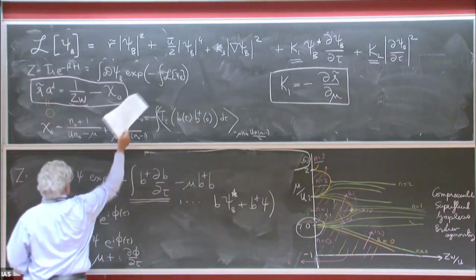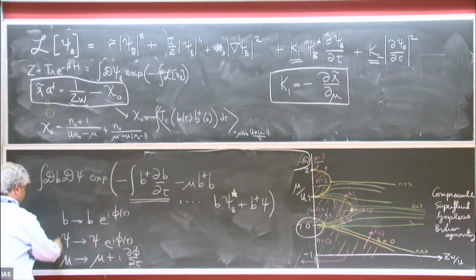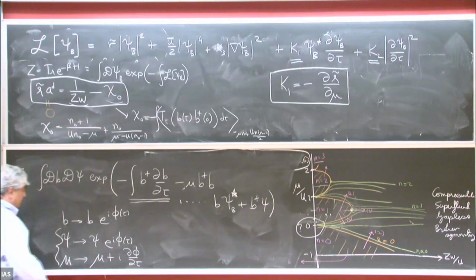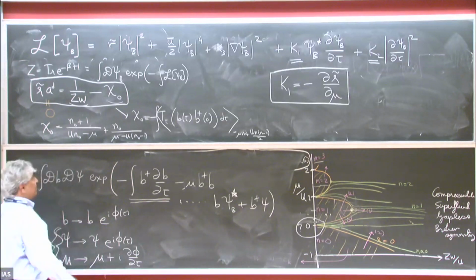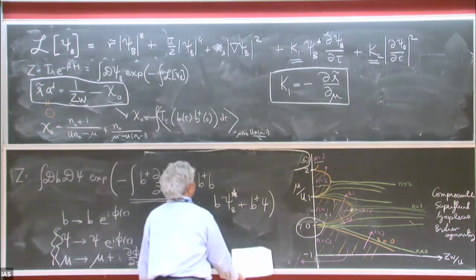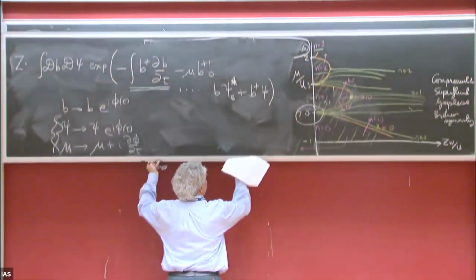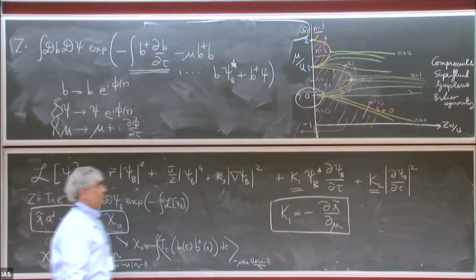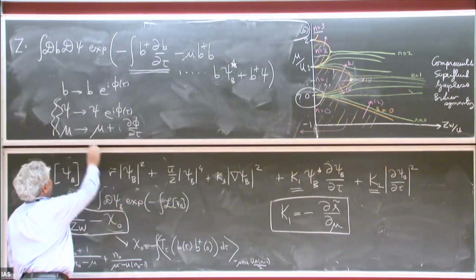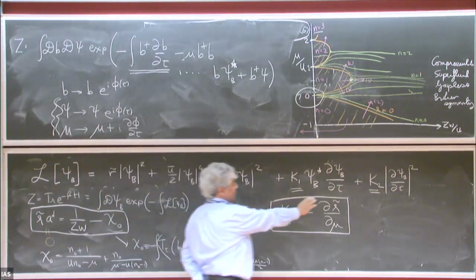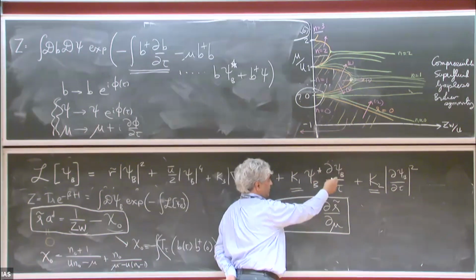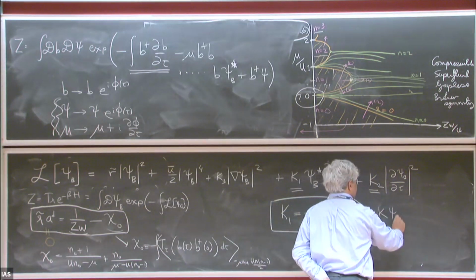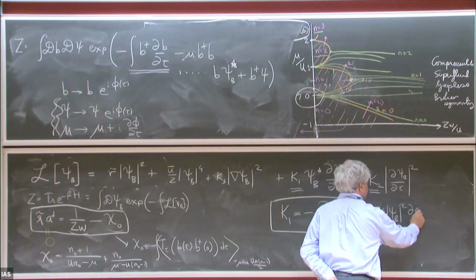And for that Lagrangian over there, I can forget about B. I only have to look at this invariance and only look at it to second order. So if I perform this transformation on this Lagrangian up here, and I assume psi is small, so I'm going to go to second order, then under this transformation, this thing is not invariant. This has a change about its size. So this thing will have a shift, which will be k psi b squared d phi d tau.